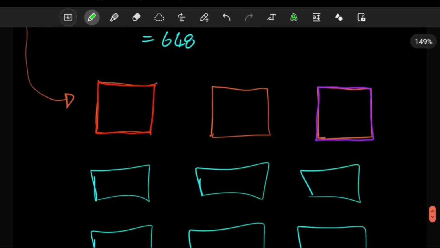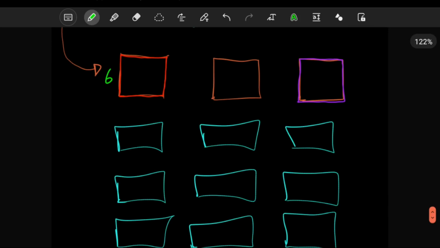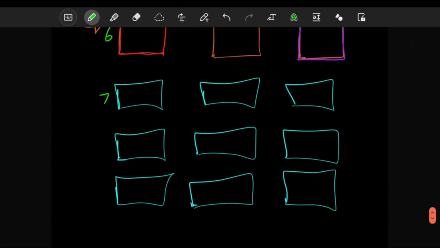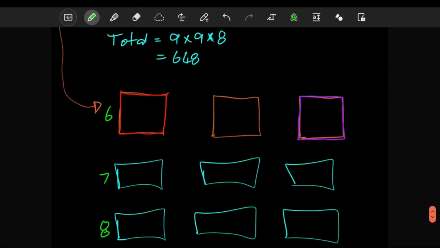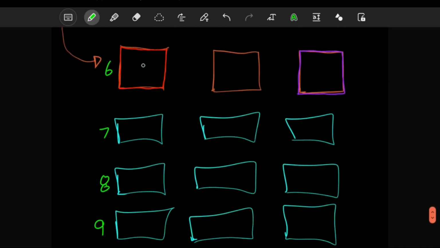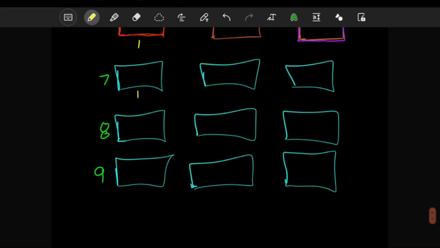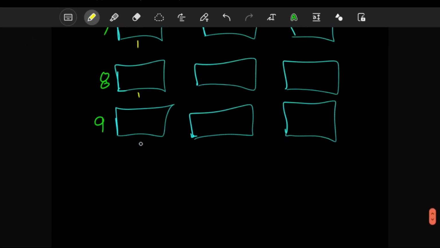Let's say this is a scenario where your code starts with a 6. This one, ones that start with a 7, ones that start with an 8, ones that start with a 9. In a scenario like that, here you only have one option, one option, one option, one option.